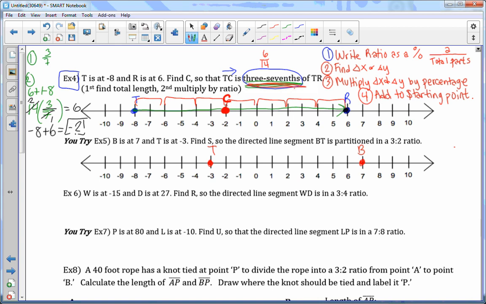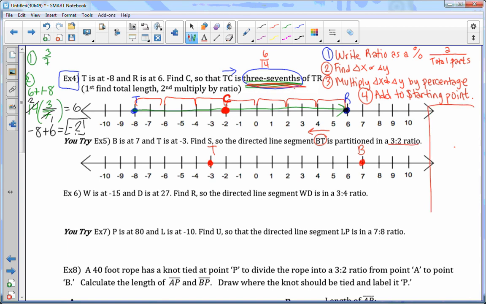Find x so that the directed line segment is B to T. Where would we start? We start at B, which means we're moving left. Our starting place is B, we're going to move left to T. And it's partitioned by the ratio 3 to 2.